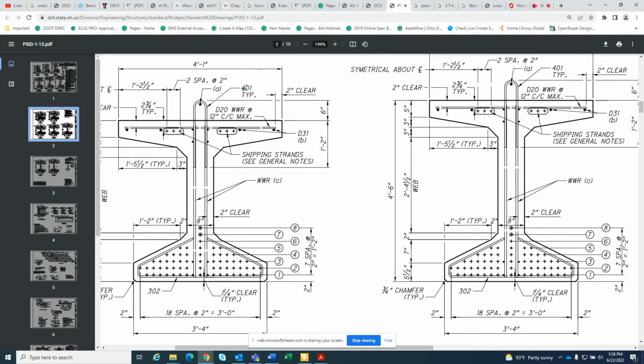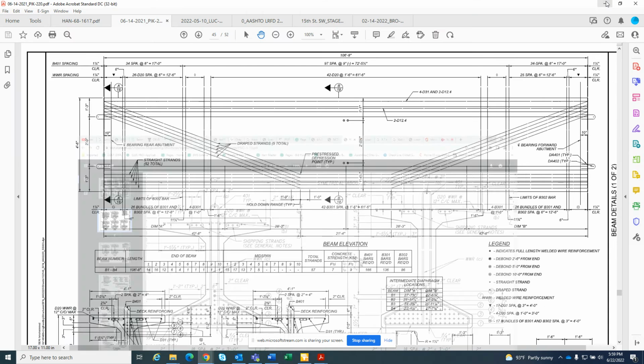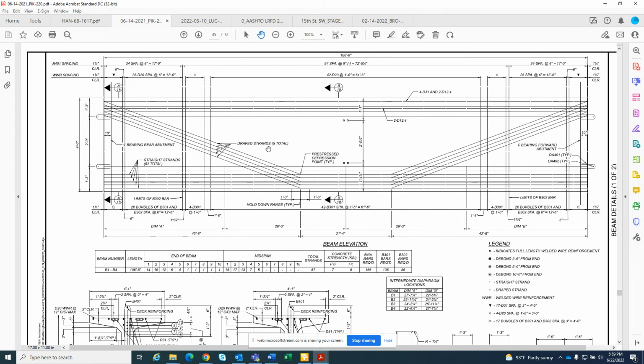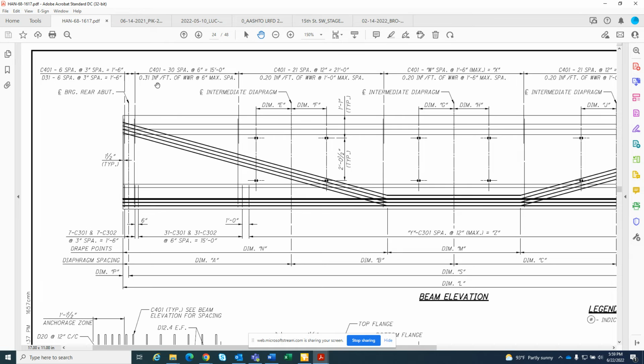So basically this 401 rebar is acting as an interface rebar, which is a horizontal rebar. So this rebar is kind of acting as a shear stud, for creating the composite action and also taking care of the horizontal shear, right? So yeah, majority of the bridges I have seen, they kind of match this hook rebar with the D31 and the D20 rebars.